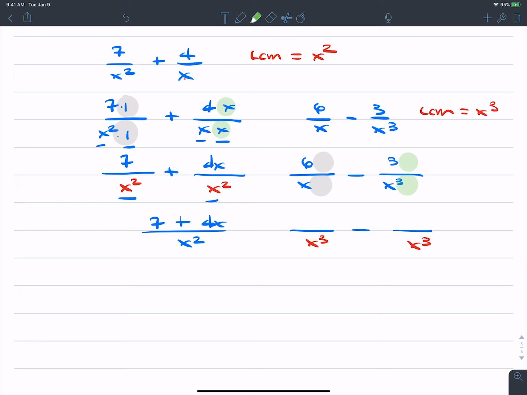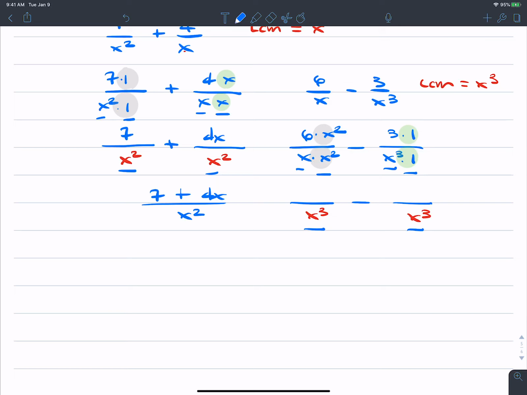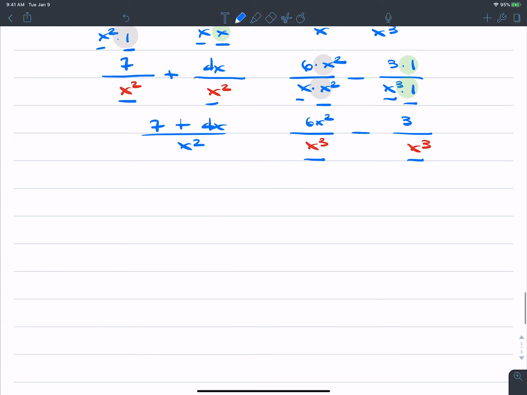We want this to be x times another term to give us x cubed. That has to be x squared. X cubed times another term has to be x cubed. That term needs to be 1. So we'll end up here with 6x squared and 3. So this gives us 6x squared minus 3 over x cubed.